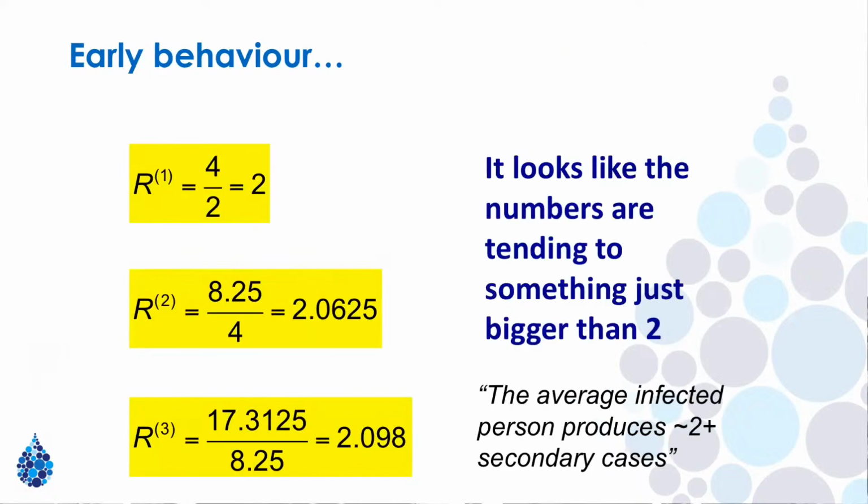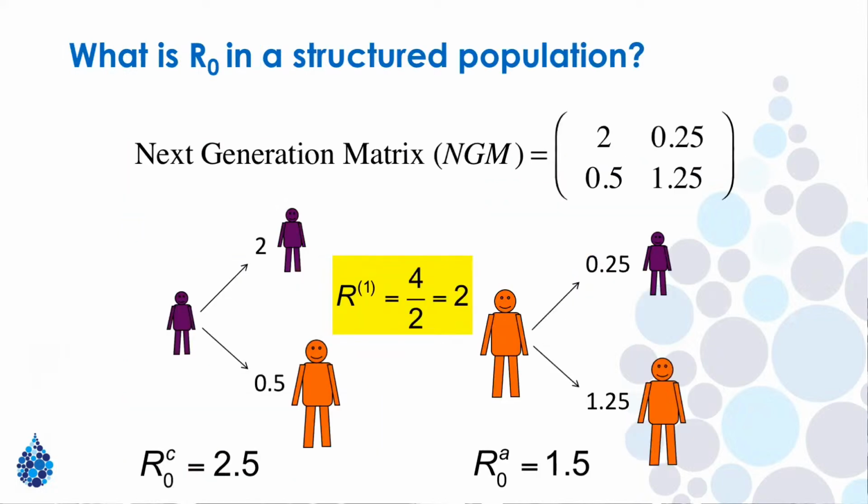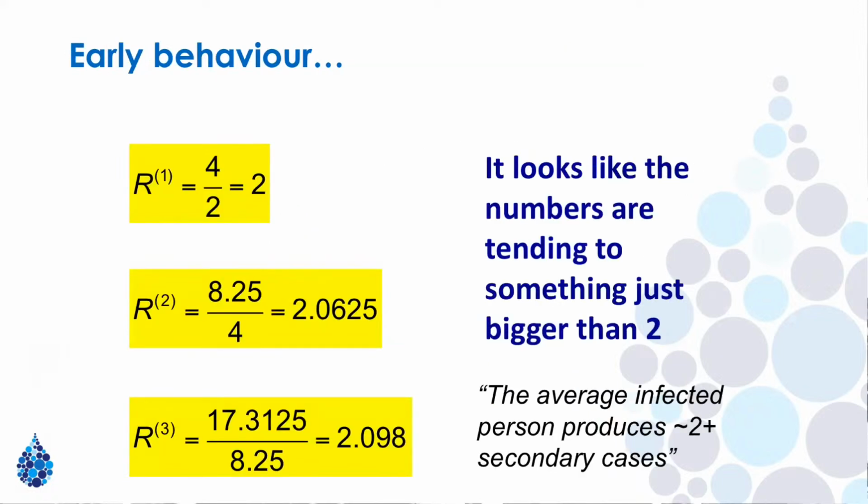If we then propagate that onwards, so this child then goes and infects another child, and we keep doing that, we keep looking generation to generation, we work out the next generation, and we get an average number of new infections per infectious person of 2.06. We do it again, 2.098.